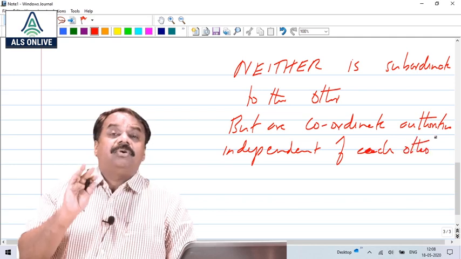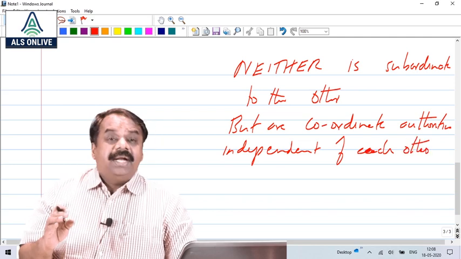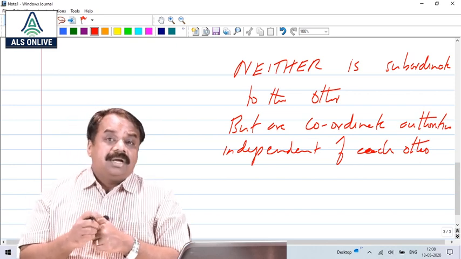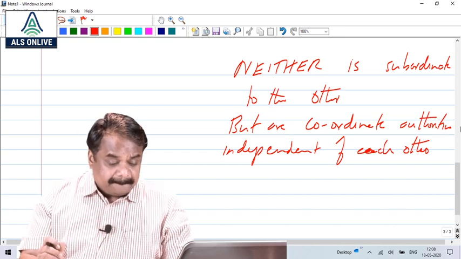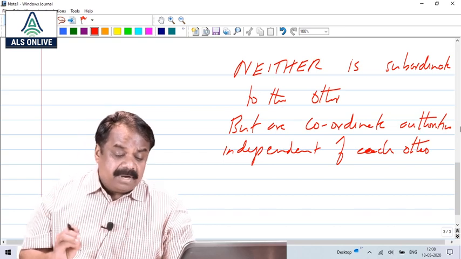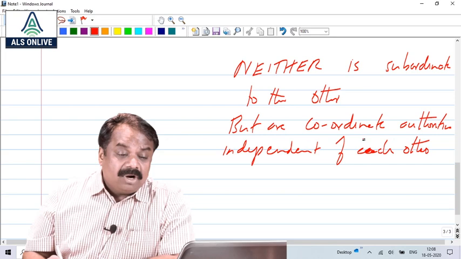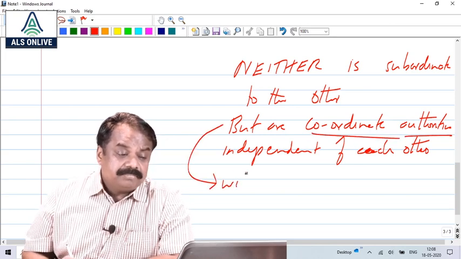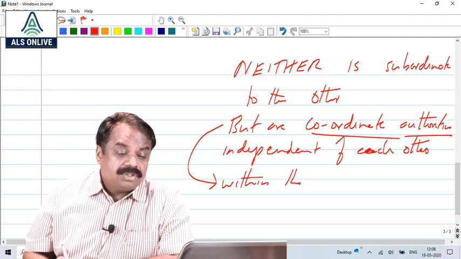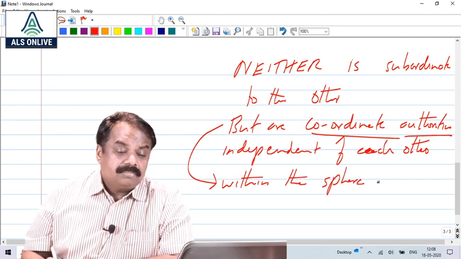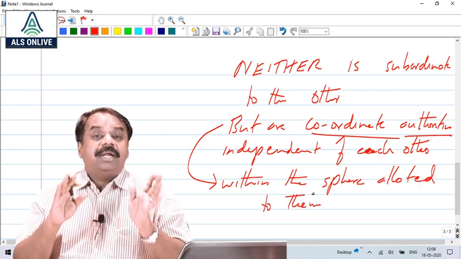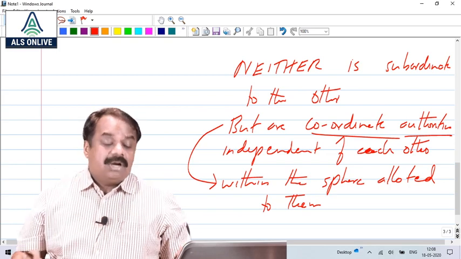The center is not subordinate to the states, the states are not subordinate to the center and vice versa, and they are coordinate and independent within the sphere allotted to them.